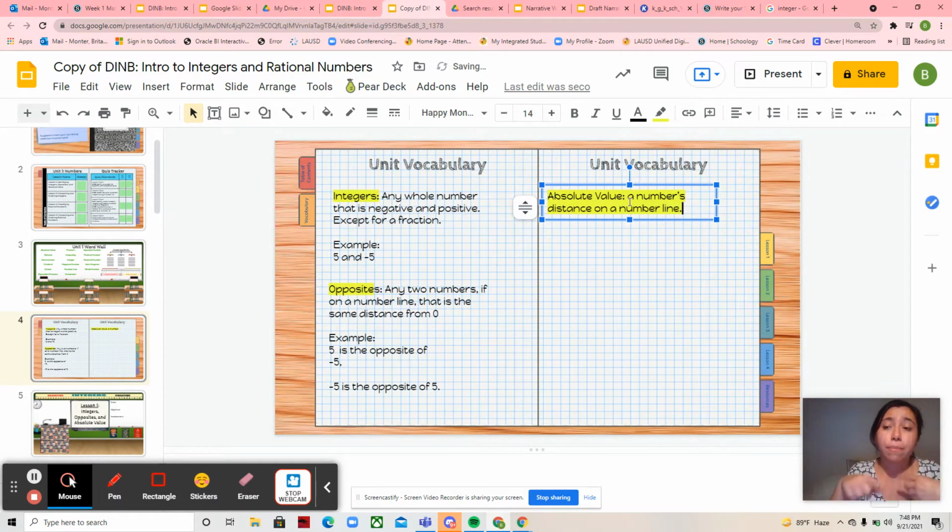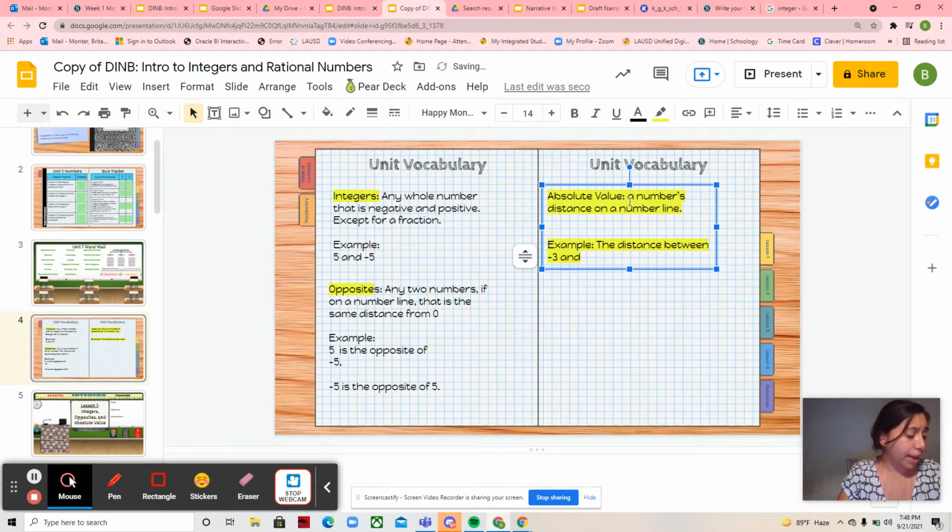Okay, and we'll go over the number line in just a moment. So basically, if I'm trying to find the distance between -3 and 3 on a number line, it's going to equal a total of 3 units.